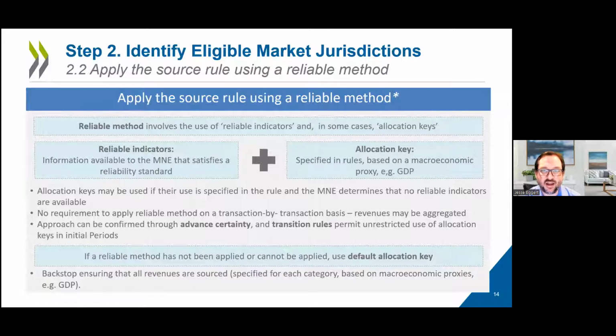And finally, we have a backstop in the form of a default allocation key. So default allocation keys apply, and they vary depending on the type of transaction, but they'll apply where no reliable method is available or no reliable method has been applied, and that functions as a backstop just to make sure that all revenues ultimately end up being sourced one way or the other.